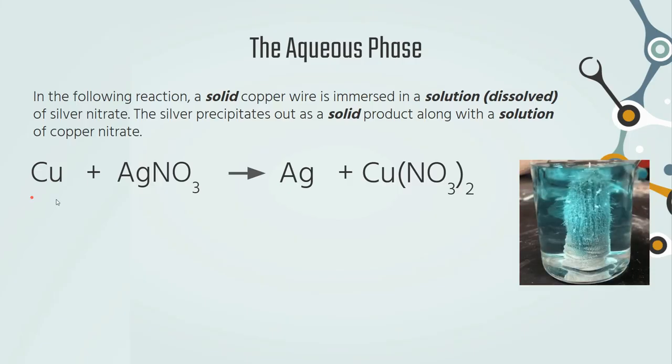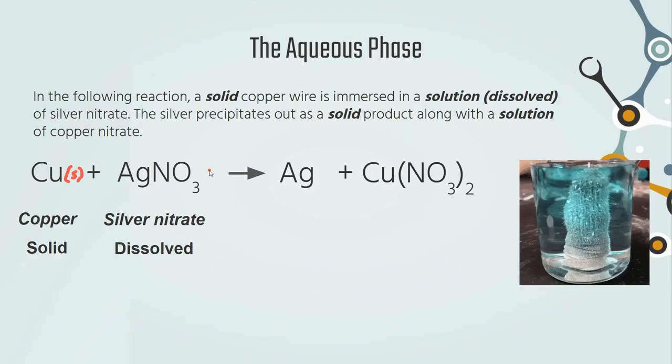The solid copper wire gets that s because it's solid. But this silver nitrate, that is a solution. That silver nitrate is dissolved in water. And we have a special marking for that. That silver nitrate being dissolved, we say that it is aqueous because it's dissolved in water. So we give it the symbol aq to show it's dissolved.